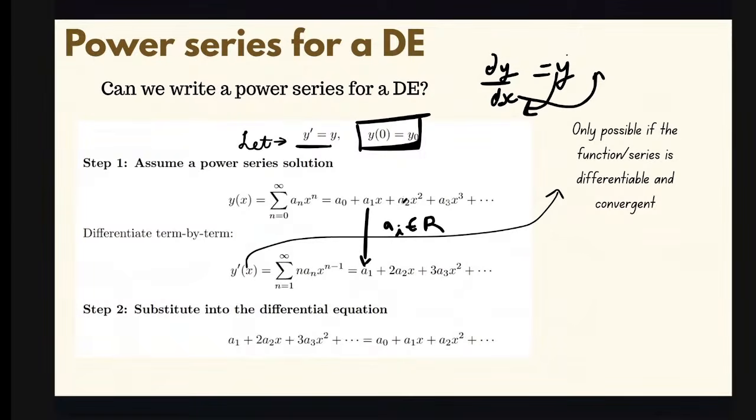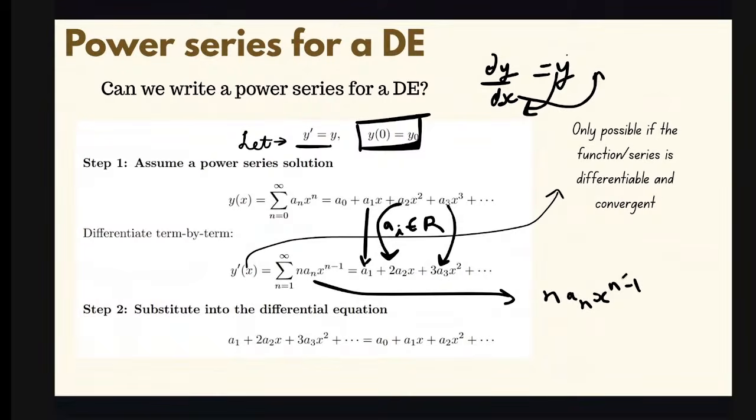You get this, right? So you get a general term n times an multiplied by x to the power n minus 1. However, do note one thing: the summation is going from 1 to infinity this time because we can't have a negative power of x, right?